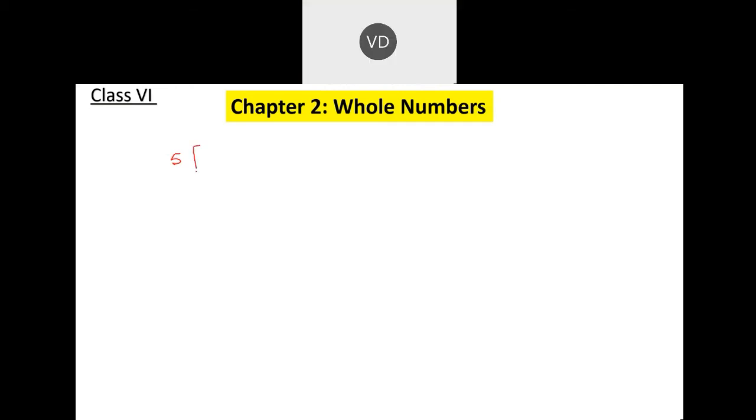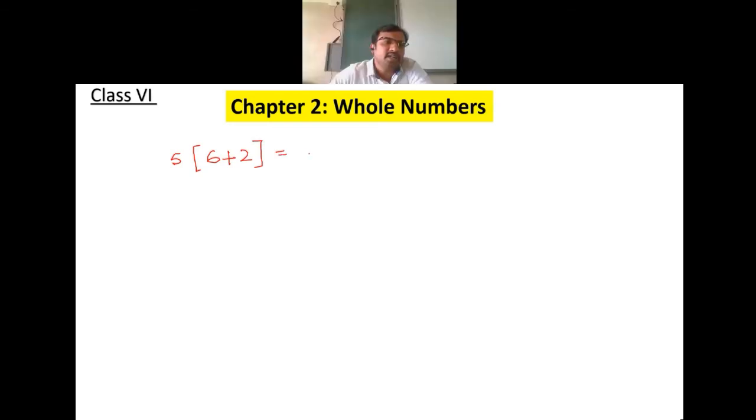Look at this: 5 multiplied to 6 plus 2. 5 times of 6 plus 5 times of 2. The answer is 40.